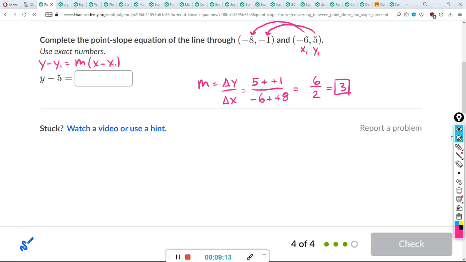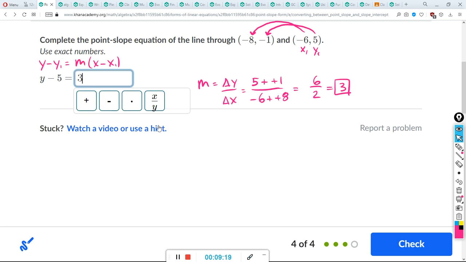So we have y minus 5 equals m, which we said was 3, and parentheses x minus x1. So it's going to be x minus negative 6.